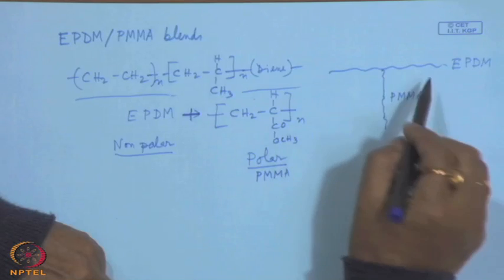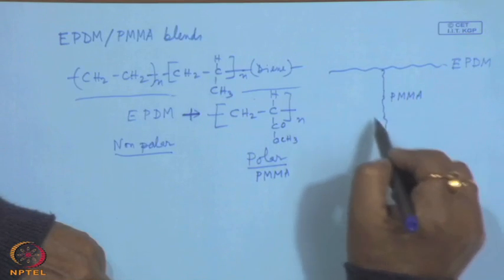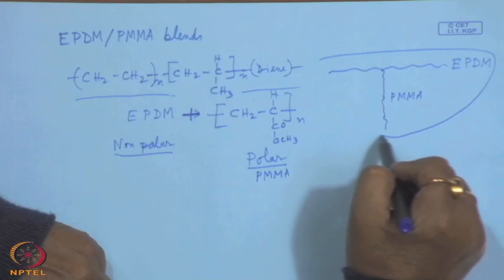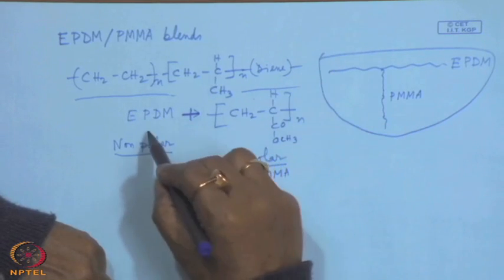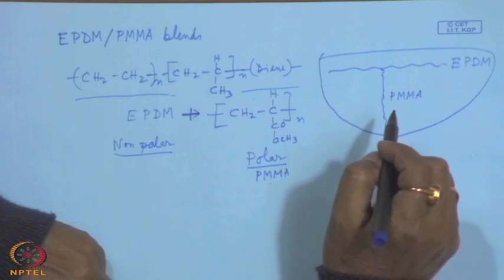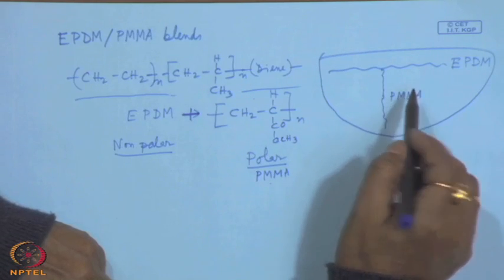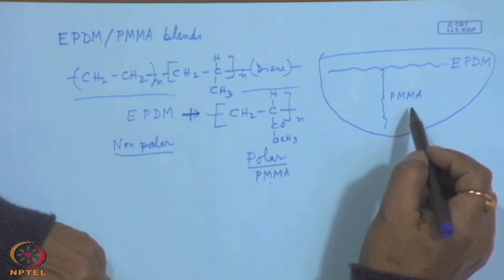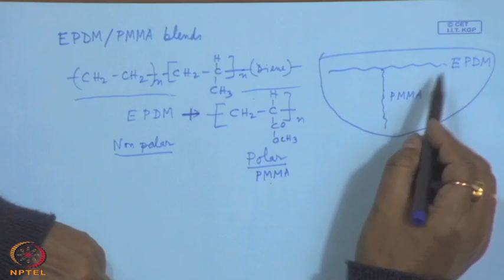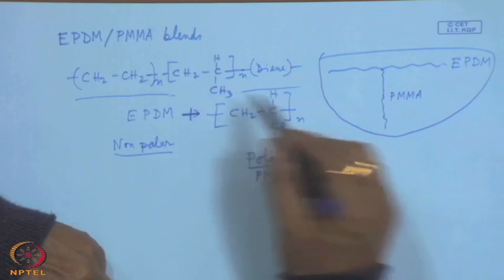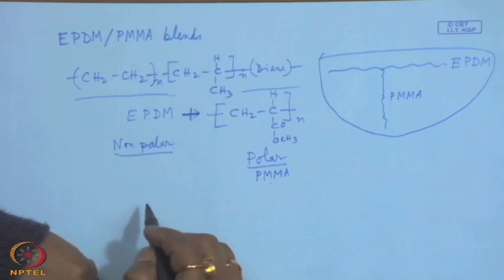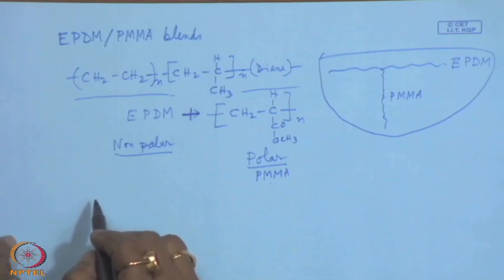This is possible, grafting of PMMA chain on EPDM. While EPDM and PMMA are immiscible, non-compatible, use of a small quantity of this PMMA grafted EPDM in between these two can produce a good compatible polymer blend.